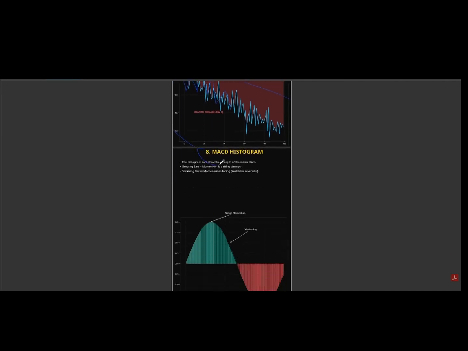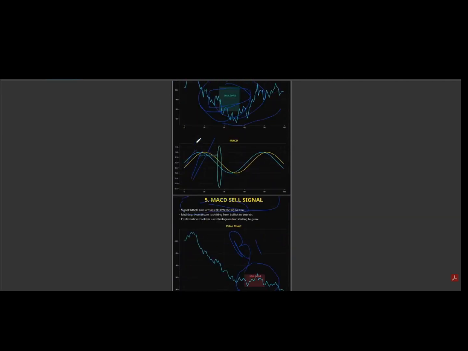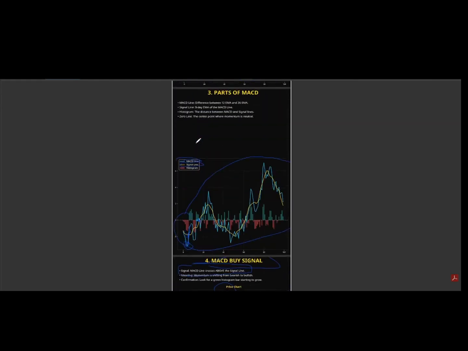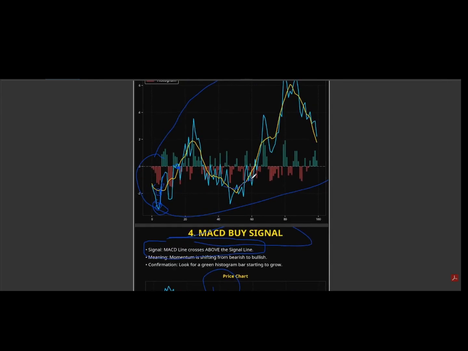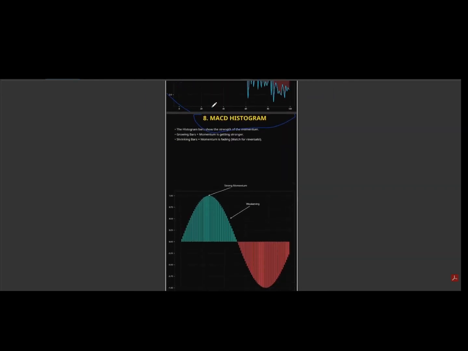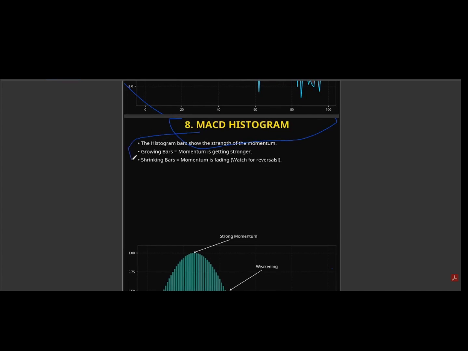Now what does the MACD histogram mean? MACD histogram is like this one. Let me show you the MACD histogram. This histogram pattern which you see, what is the use of it? This histogram pattern shows strength and momentum. Growing bars means more momentum, shrinking bars means momentum is fading away.